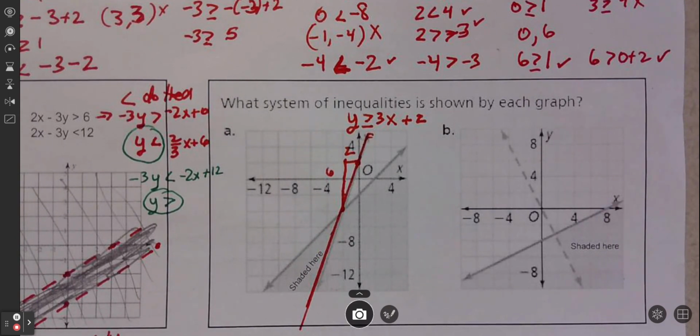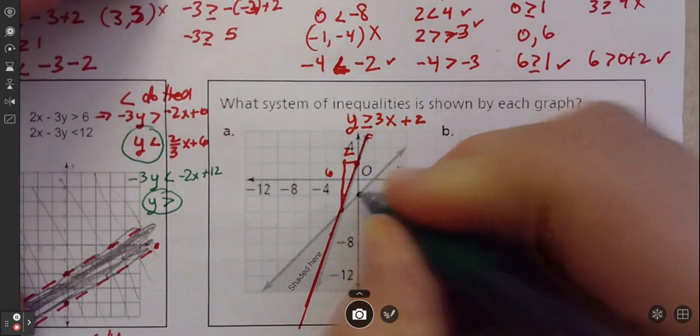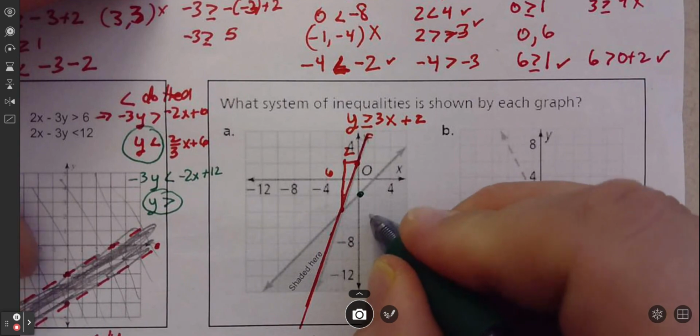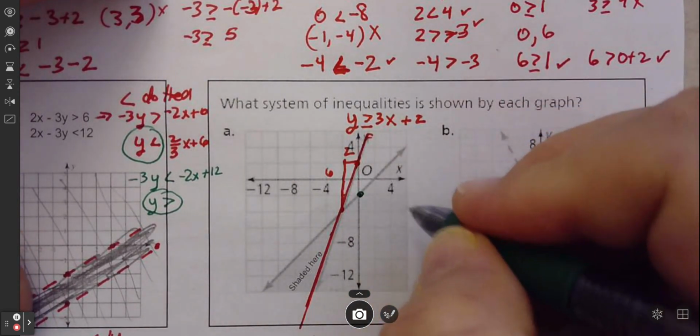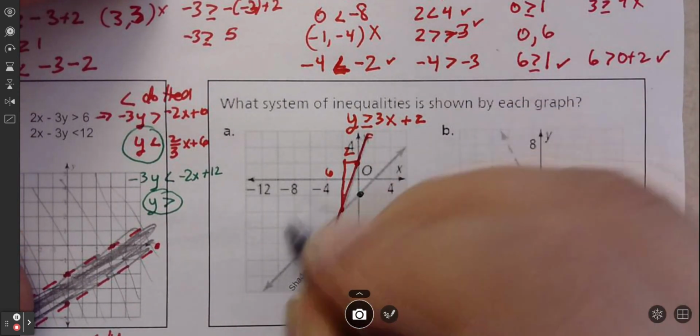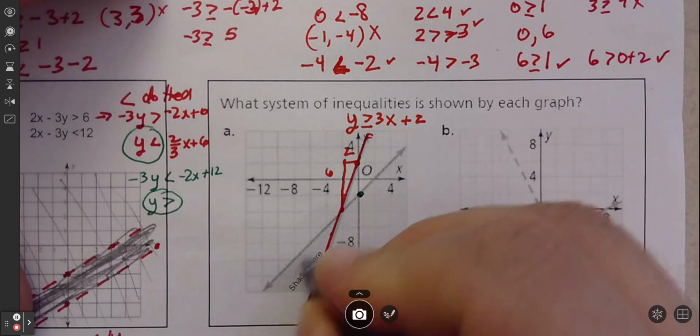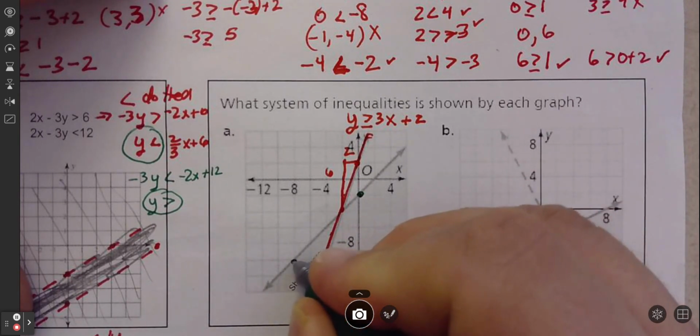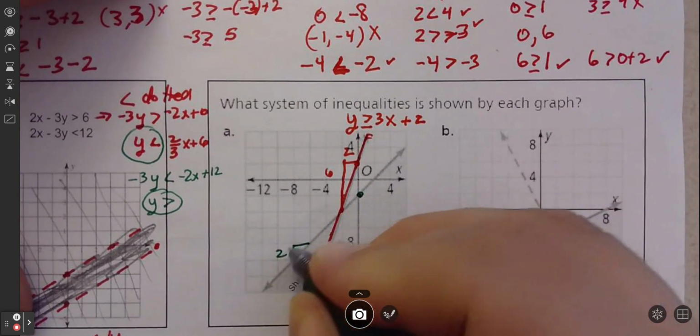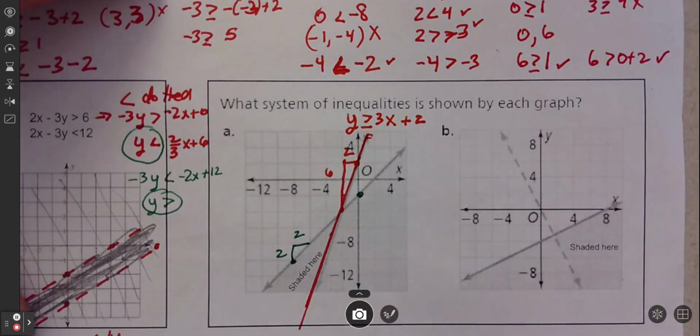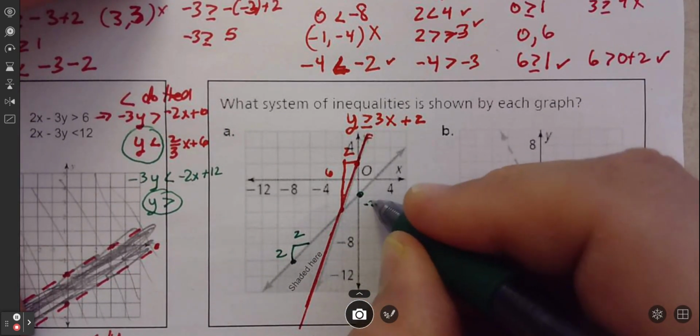Now here's where having a second color is kind of good, because then I can draw my second equation using the second color. My slope, I'm just going to go down here to pick points. It looks like it's 2 over 2, and it starts at -2.